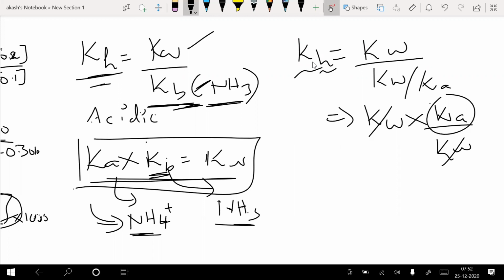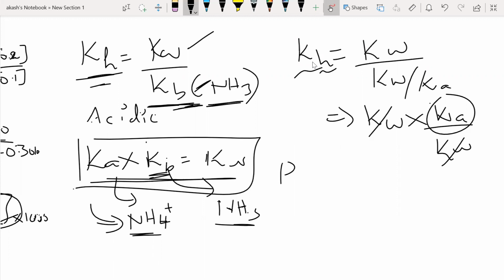So pH will be 7 plus half into pKa. The pKa value is given as 4.74 for the acid, plus log of the concentration of the salt, log C. C represents the concentration of the salt.